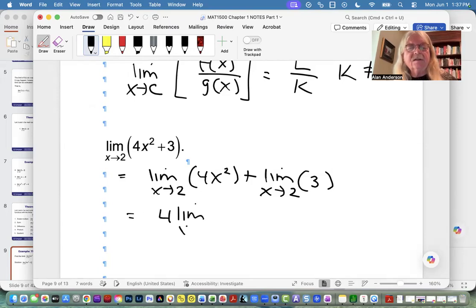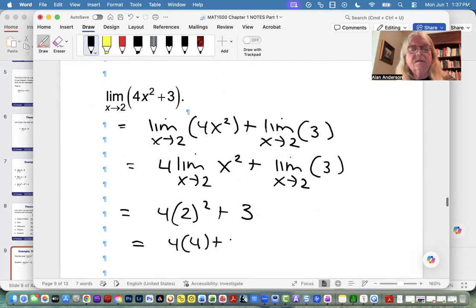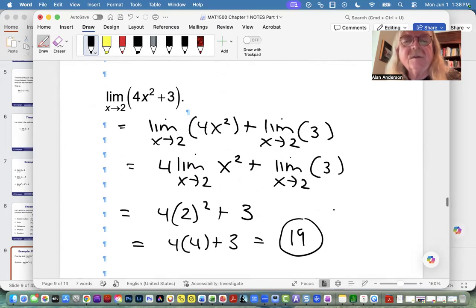Now I'm factoring out the constant. In the first case, I'm just doing a direct substitution. In the second case, the limit of a constant is a constant. Okay, and that's it. That's all there is to it. It's almost shocking how simple it is. All right, well, it won't stay simple forever, but it's good to know that these basic ones are very straightforward.